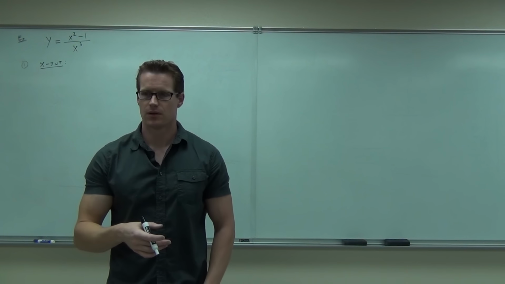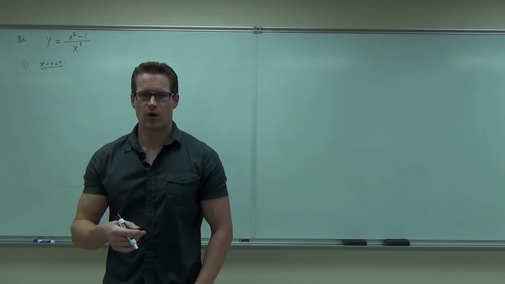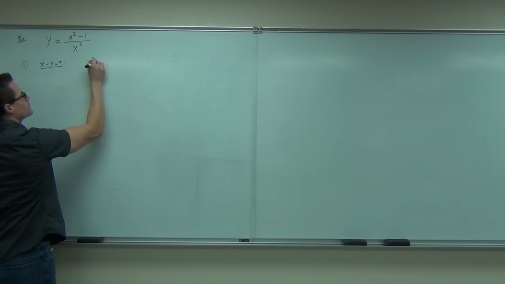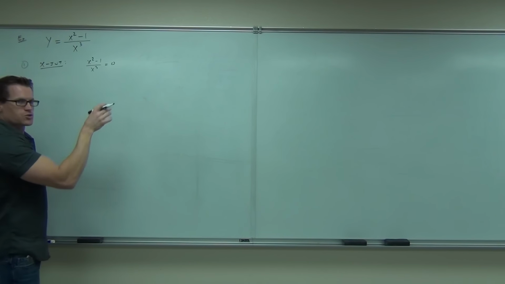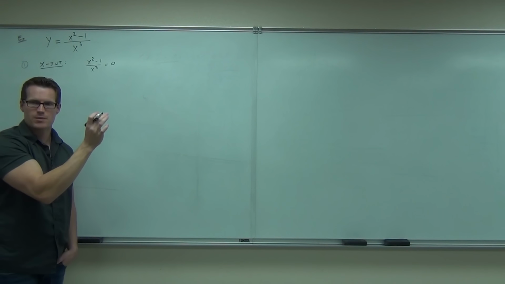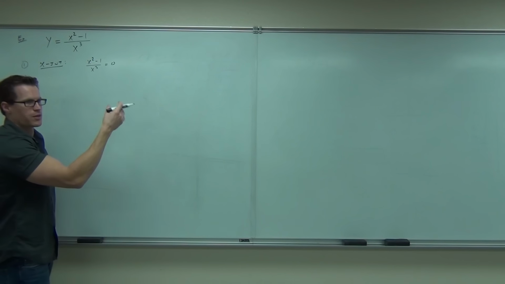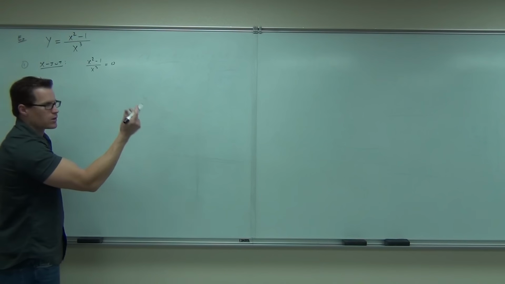Set your function equal to 0, and then you solve it. Well, if you set your function equal to 0, basically that's just where the numerator equals 0. The denominator equals 0 is undefined. So even if you want to think about it this way, multiply both sides by x cubed, you still get x squared minus 1 equals 0.